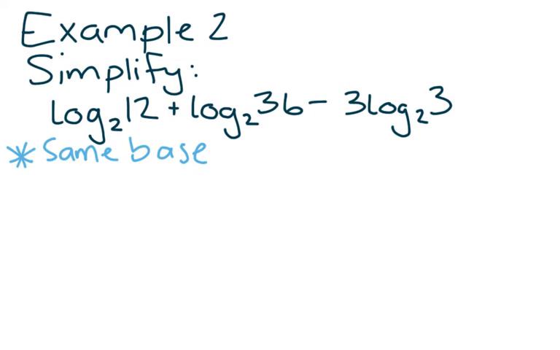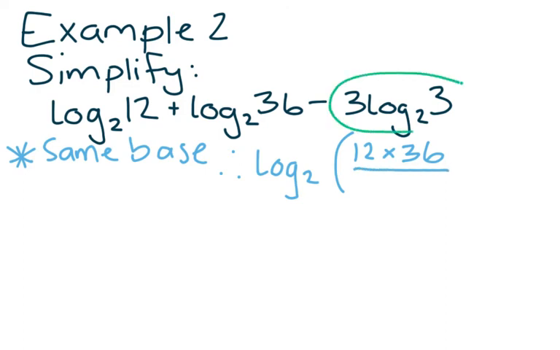So what we can say is that we actually have here log base 2 of 12 times 36, and the reason it's 12 times 36 is because there's that plus sign. And then we've also got a subtraction sign, so it's going to be divided by, and now we just need to simplify this 3 log base 2 of 3.